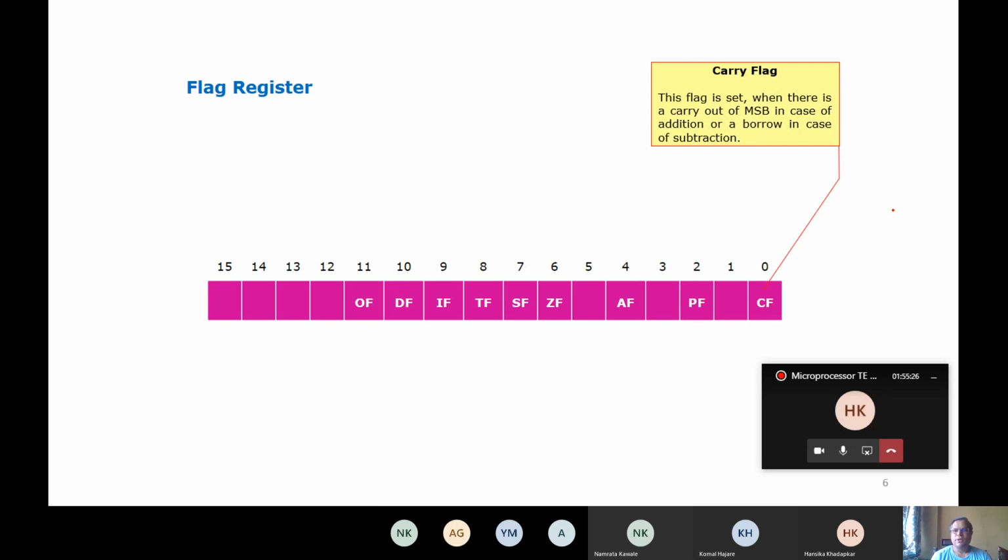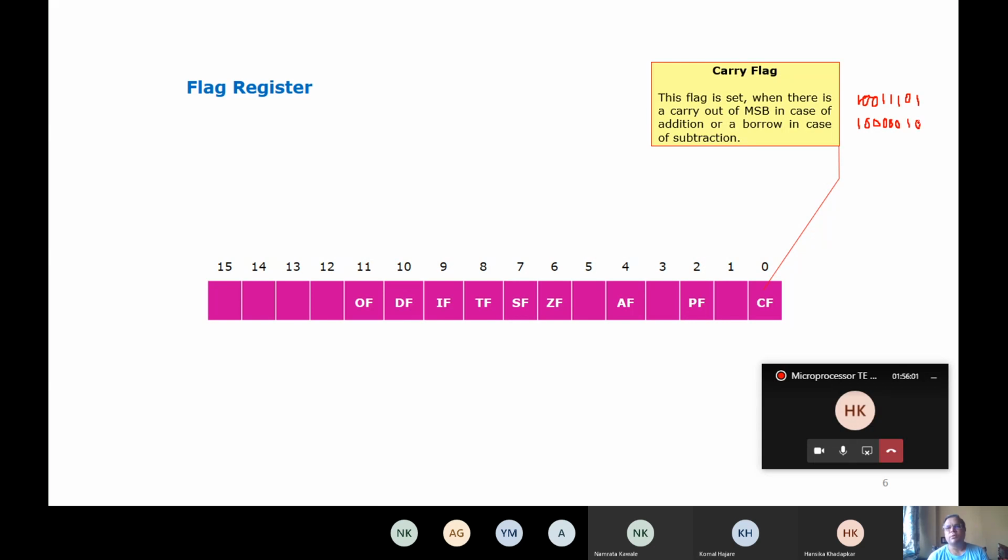It means what? For example, if I consider an 8-bit number, something like this, let's say 1001 1101. This is, let us assume, the contents of the AL register. And if I consider another 8-bit number, let's say BL, so if I write 1000 0010.